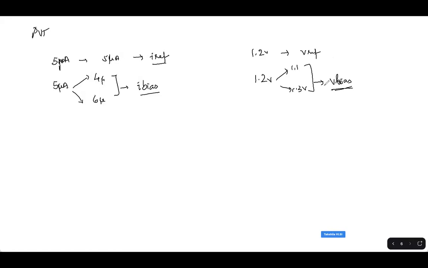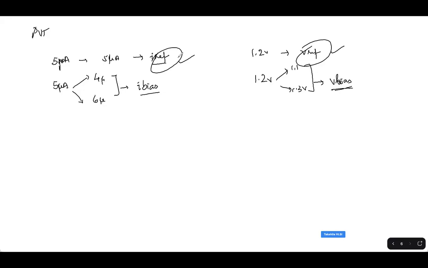However, there's always a need for a constant voltage and a constant current. Even if you consider any chip in the world, mostly you will have a VREF block and an IREF block, or IREF and VREF generation will always be there.